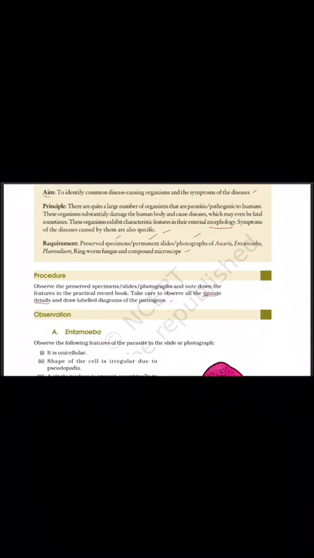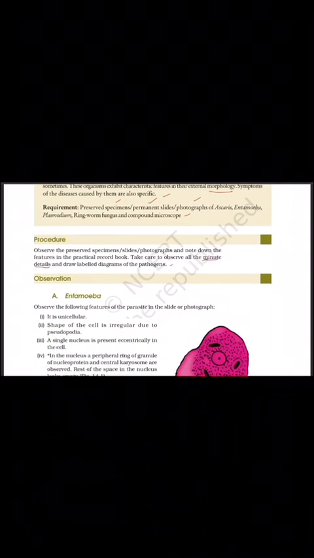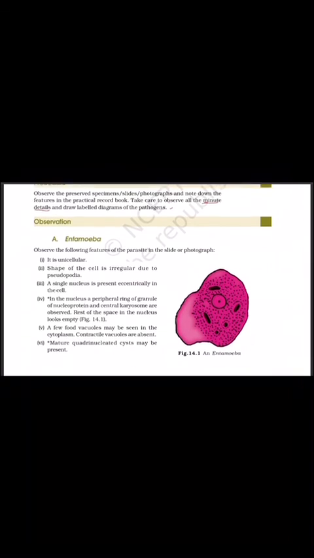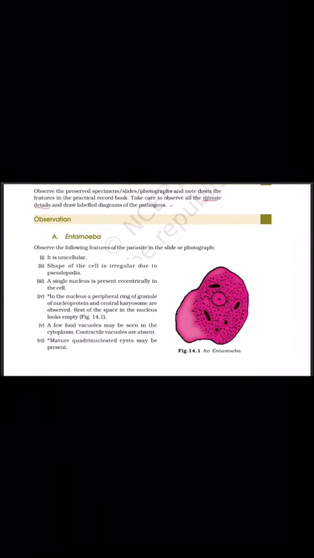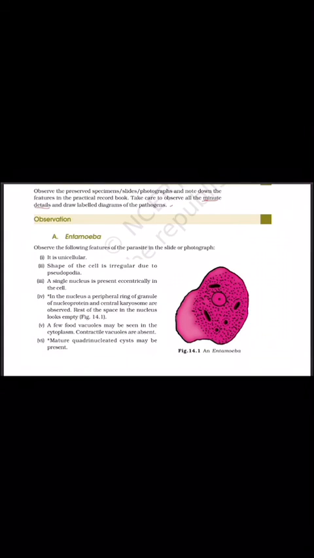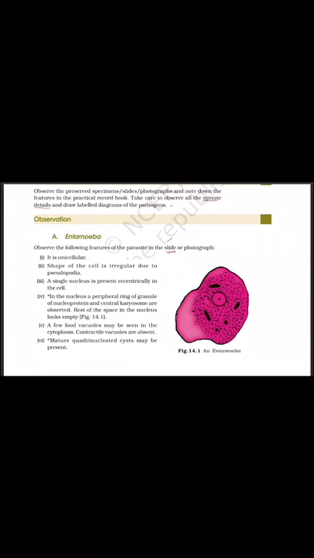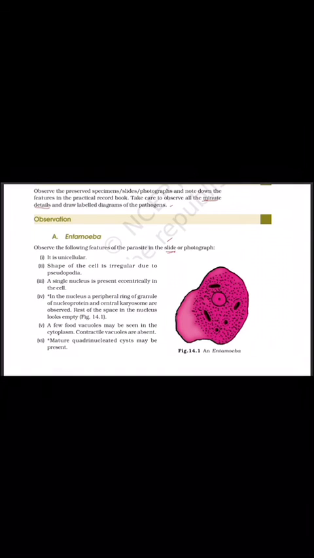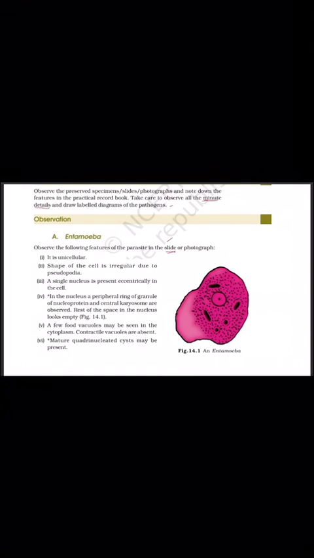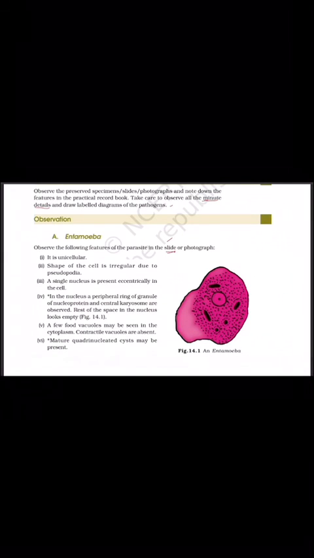The first slide you are likely to get is Entamoeba histolytica, or normally we say amoeba. Observe the following features of the parasite in the slide or photograph. Normally we give you a permanent slide. You have to focus because that involves a lot of skill. Under high power, you have to take care of the distance between the object and the objective lens.